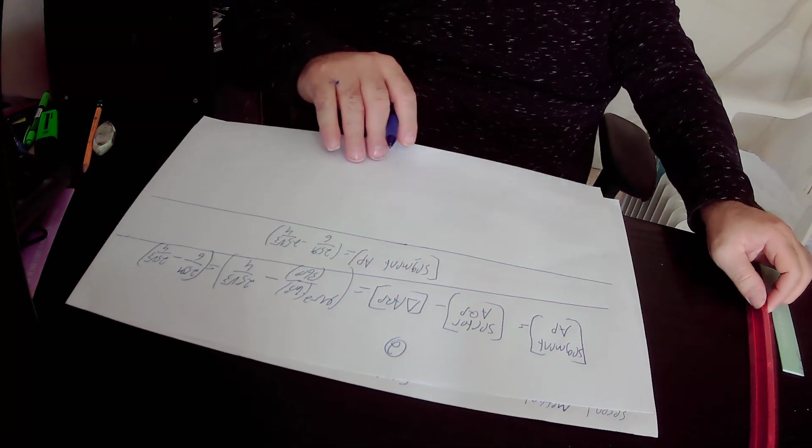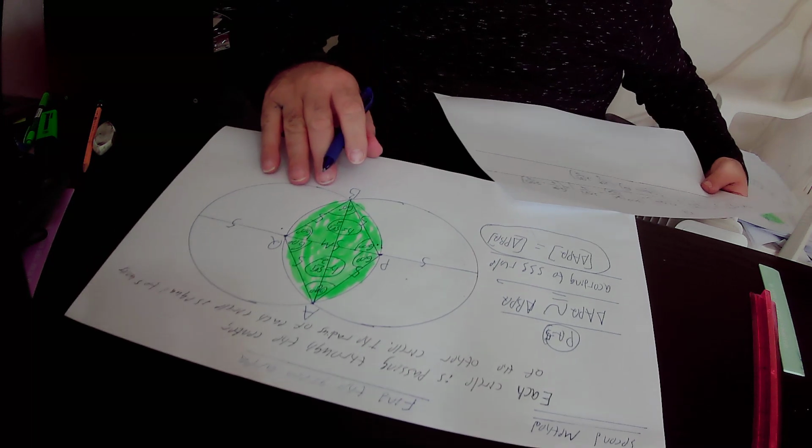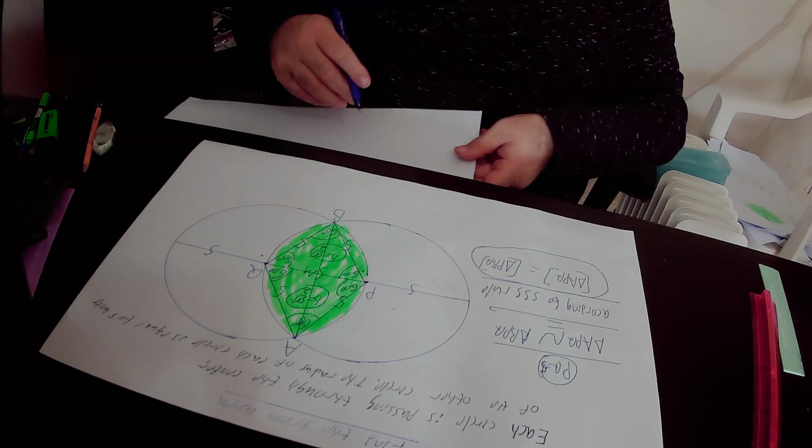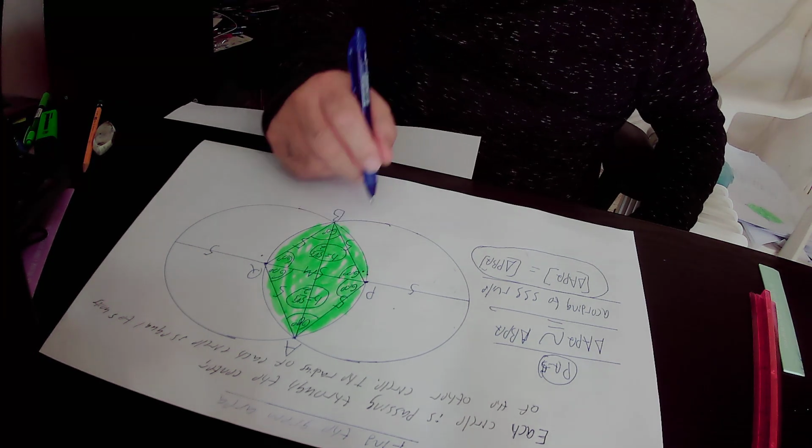So in the next step, we'll find out the area of segment PB. What is the area of segment PB?